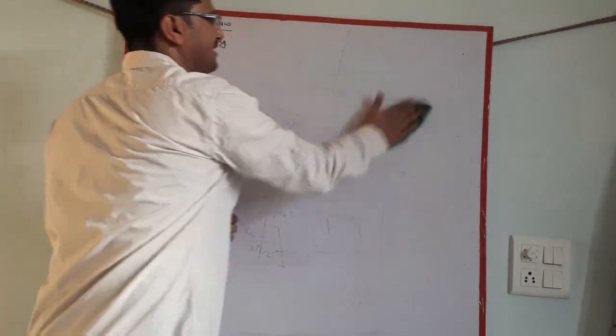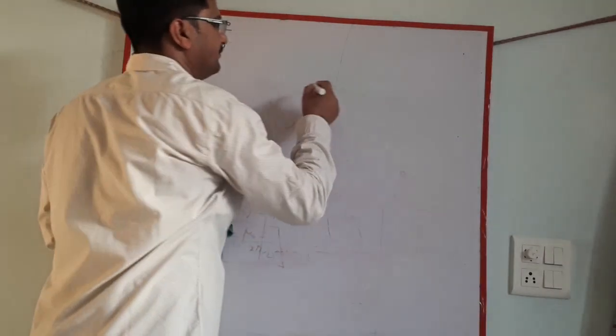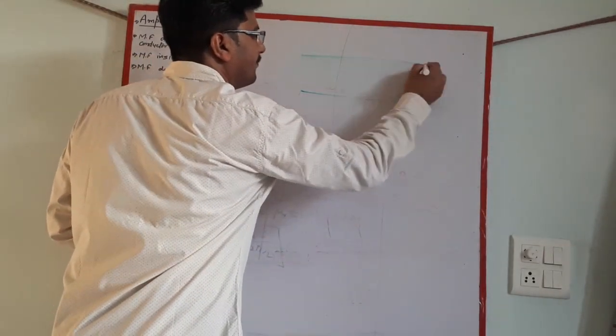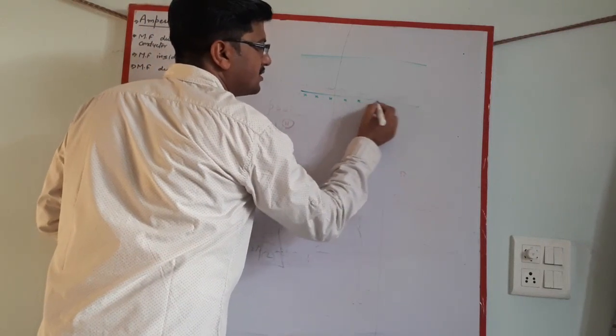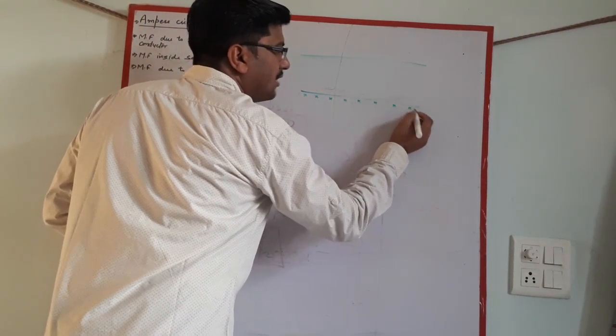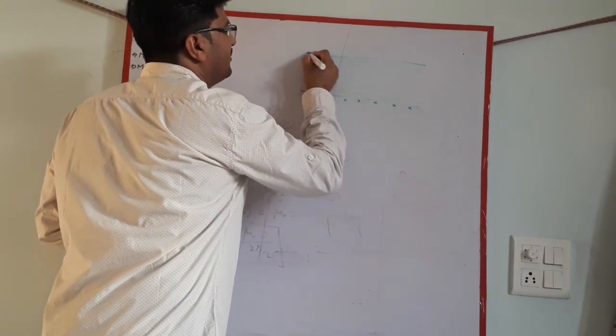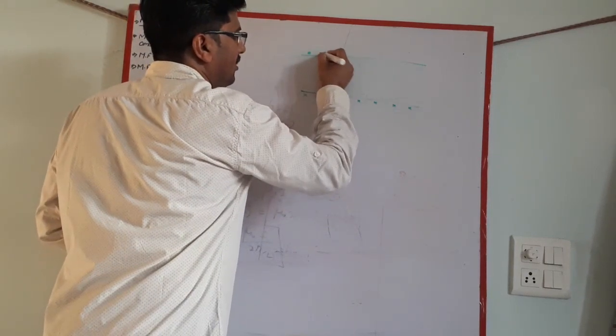Normally it can be represented by this. This indicates the windings perpendicular to the board in the inward direction and this in the outward direction.